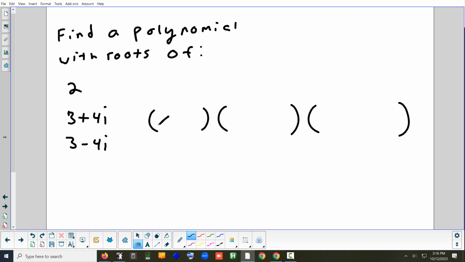It would have been x minus your root. Now, if 3 plus 4i is a root, what would have been the factor that came from? X minus 3 plus 4i. X minus the root. And if 3 minus 4i is one of the roots? X minus 3 minus 4i. It's always x minus the root.